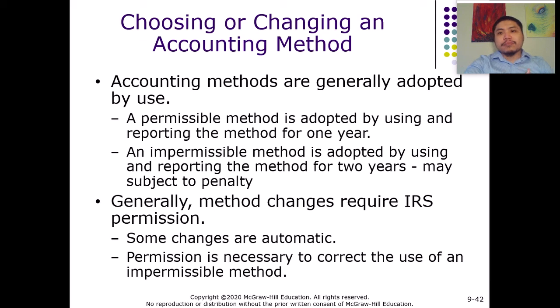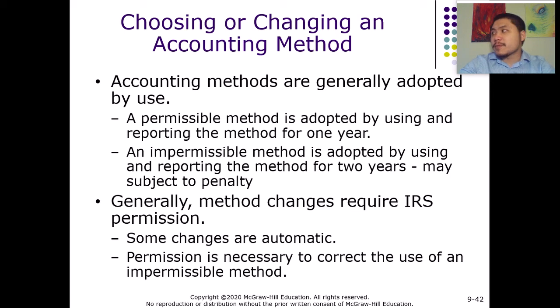So usually, as we have mentioned earlier in these lectures, a permissible, allowable, or legal method is usually applied and adopted from the first year of the tax return, from the very beginning, and it is deemed to be adopted by simply the selection of the method in the first year, right?